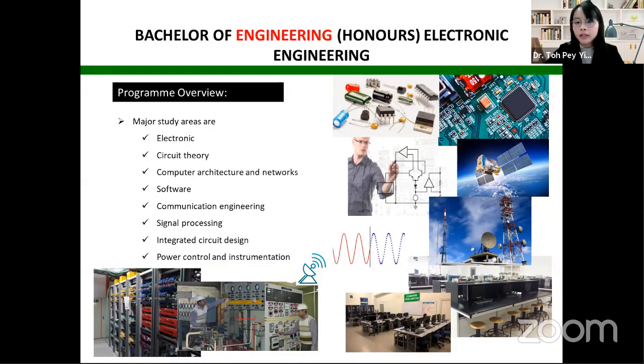Firstly, I would like to differentiate between electrical and electronic. An electrical engineer's job scope involves the electricity supply from the power generation station until they supply the electricity to the building, to the industry area.